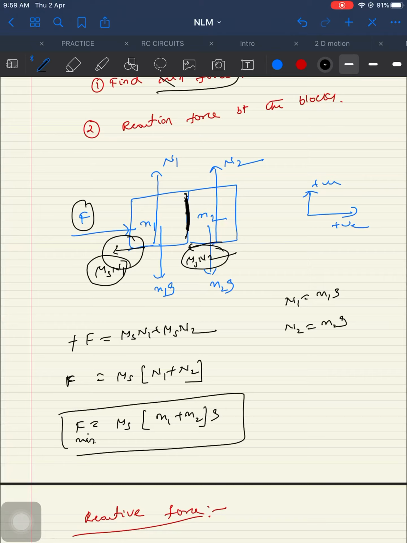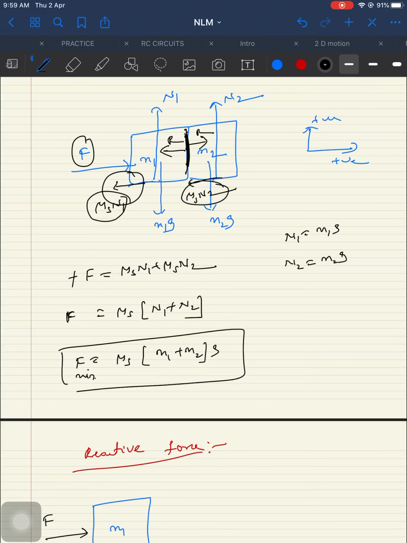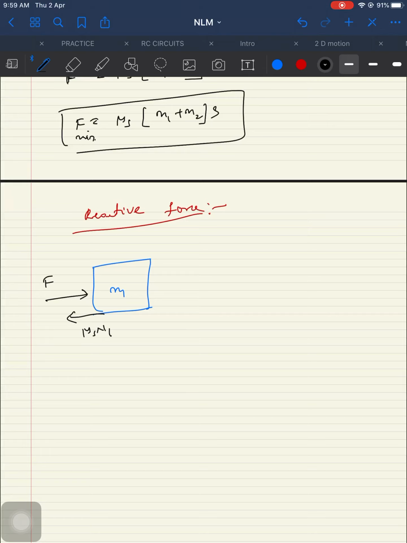On this contact surface, m2 tries to oppose m1 and m1 tries to push m2. So on m1 the reactive force is in the backward direction. I am just keeping it as R. If you take the overall body, R gets cancelled, that's why we did not include it in that case.